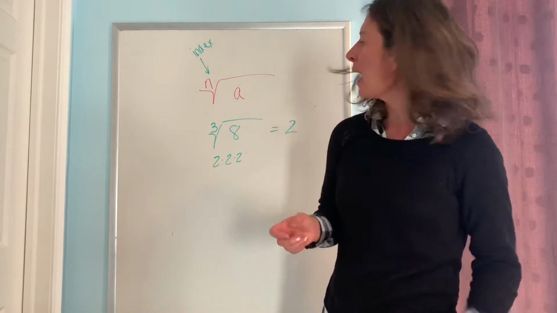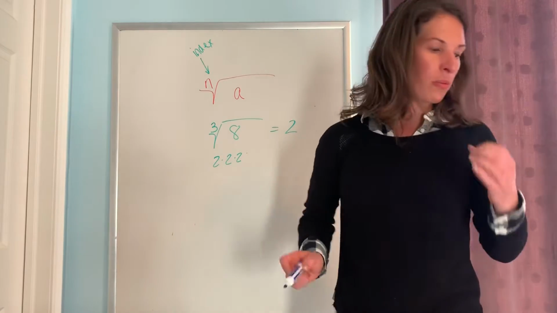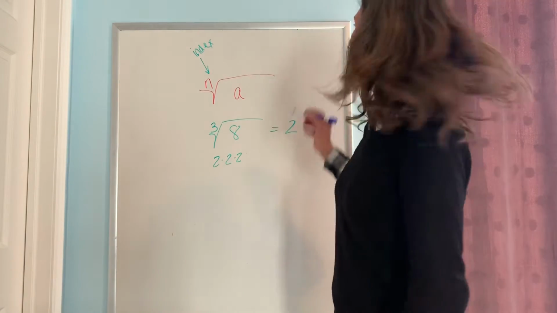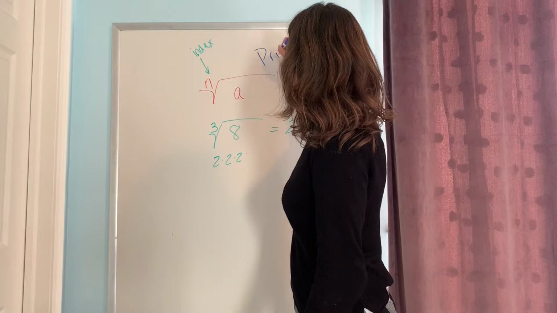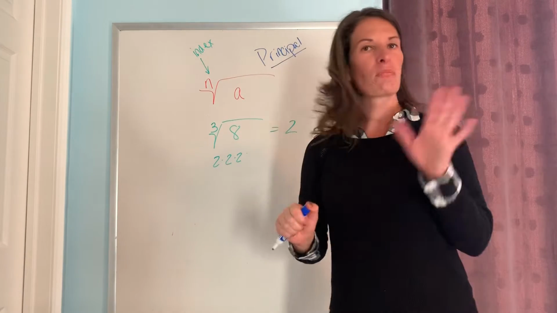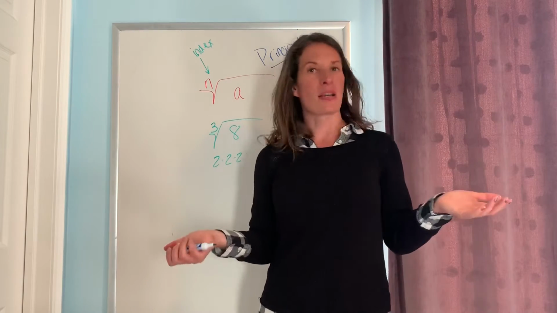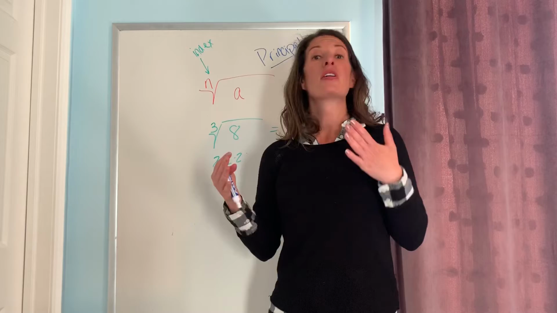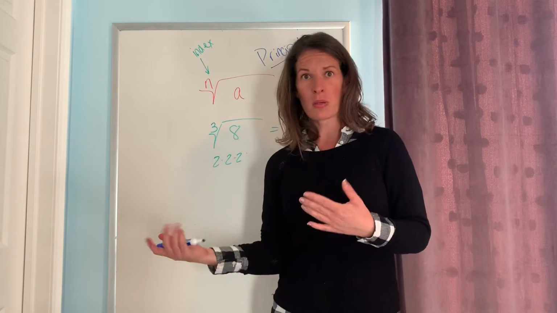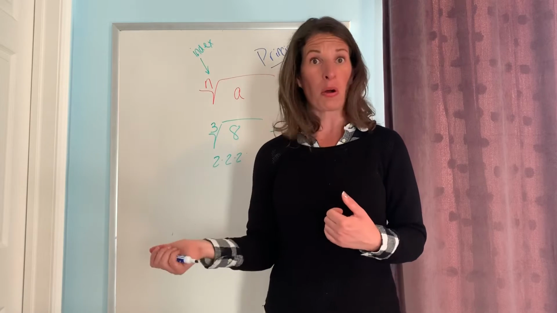So in our notes, it says when a number has 2 real roots, the positive root is called the principal. Write that in. So the principal root is the positive root. Remember, 2 times 2 is 4, but -2 times -2 is also 4.